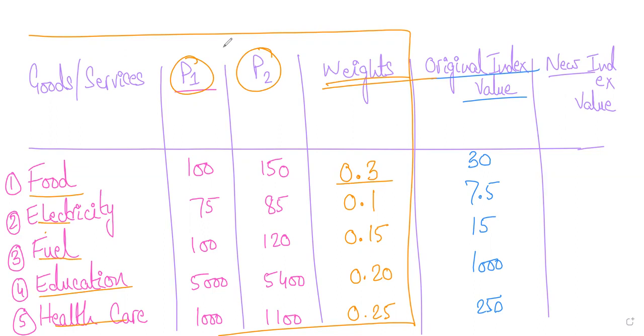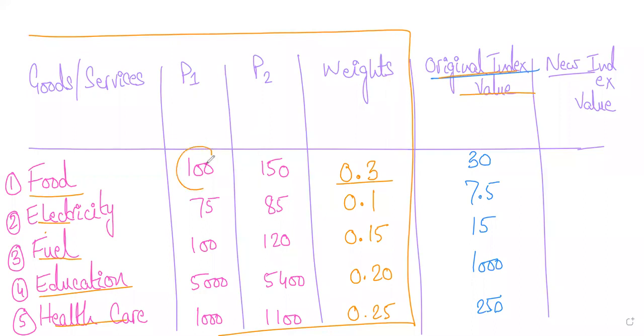Is this making sense? Now for this part, because this column says original index value. We are just calculating it for the sake of calculating the rate of inflation. Now we are moving towards calculating the rate of inflation, and for that we can't do it until we have the index. Exactly. So price times W1. Very good. Thank you. So think about it, students.